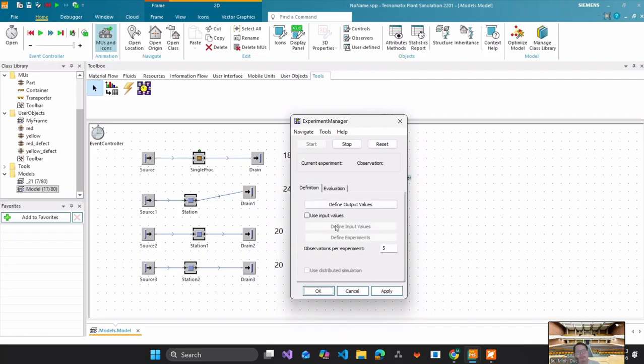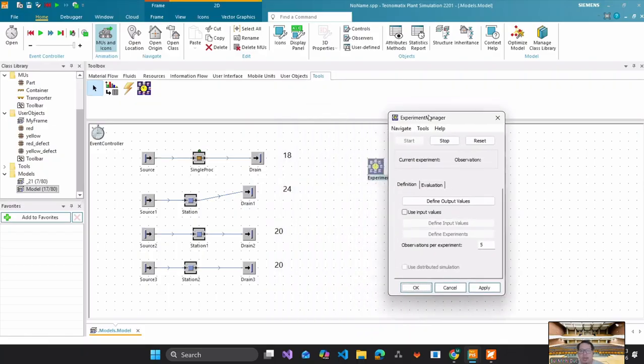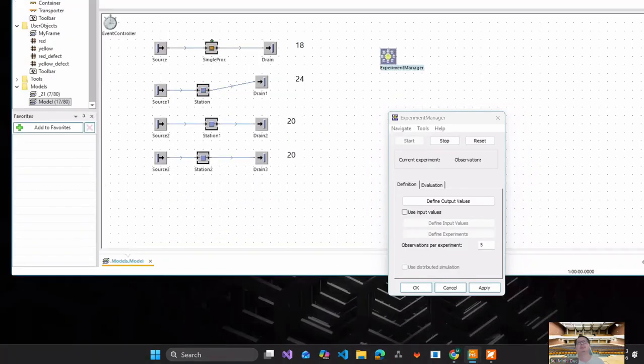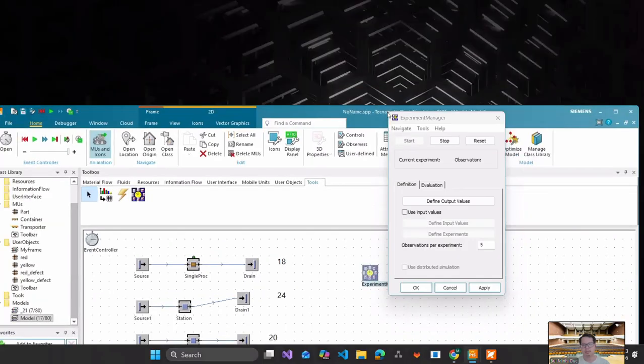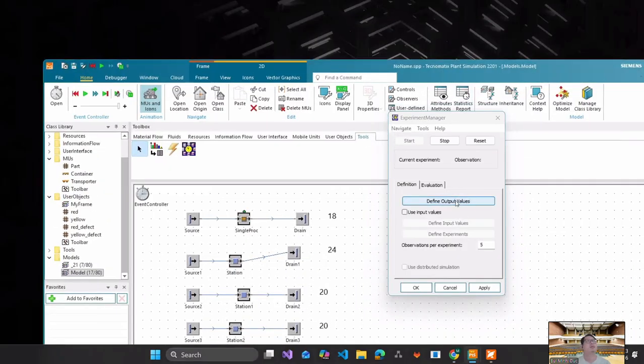Okay, how to set up? For example, here you can set up the output value, define output. So where is the window? Where is it going? Okay, guys, sorry, the window is going somewhere else.